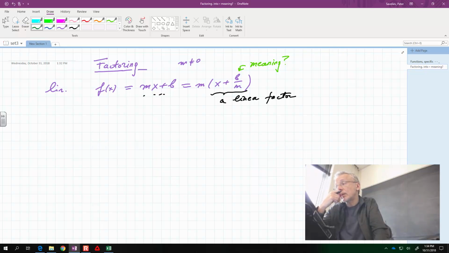It is something even more explicit. It is, in fact, the negative b over m that is the x-intercept.